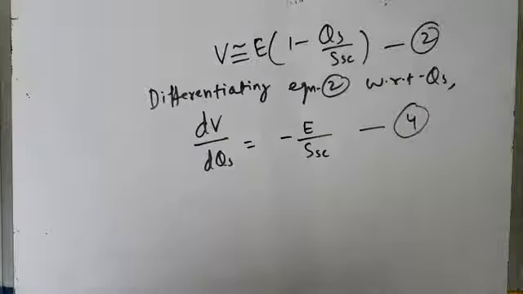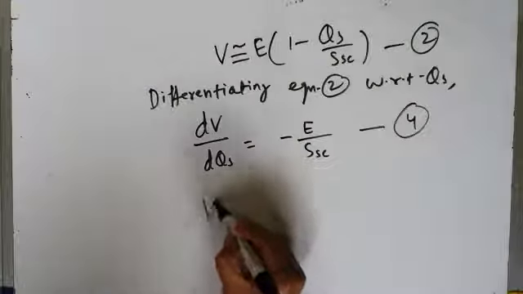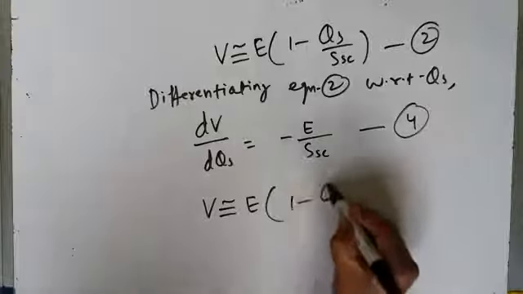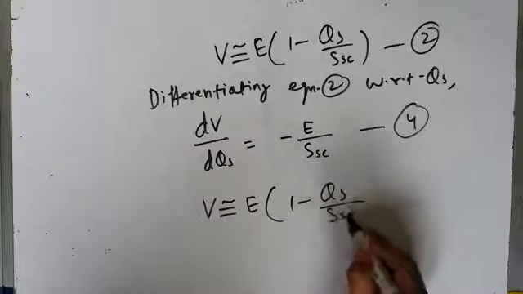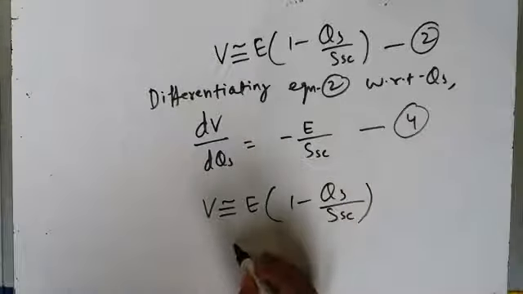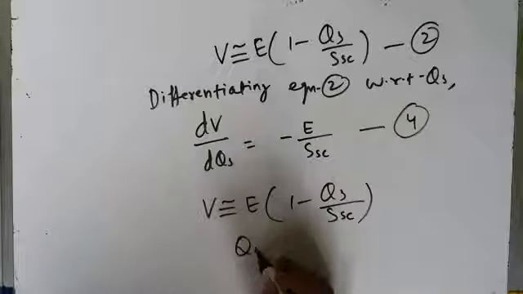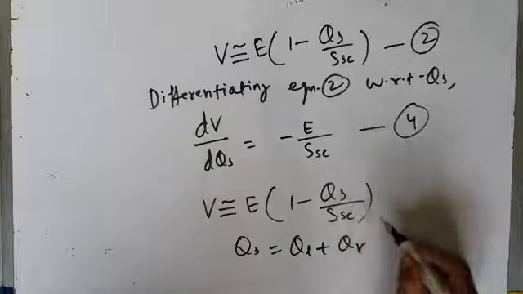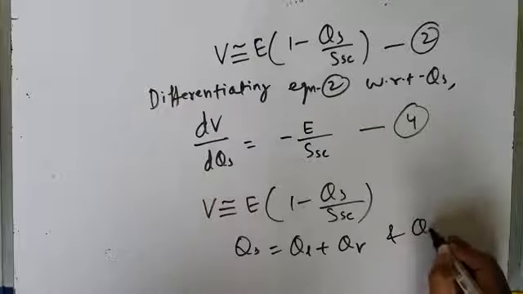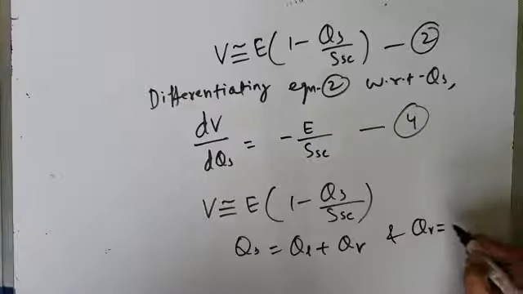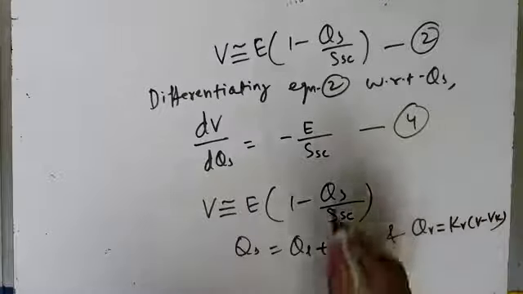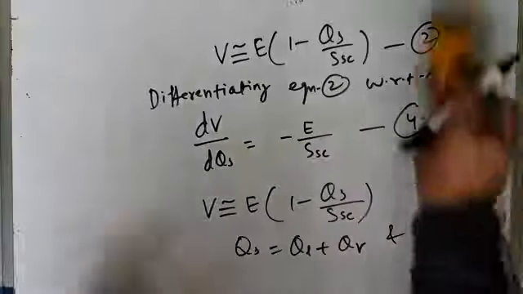Okay, so further, I will write this equation again, V equal to E times 1 minus Qs by SSC, and we know that Qs is equal to QL plus Q gamma. And what is Q gamma equal to? From equation 1, Q gamma is equal to K gamma times V minus Vk. So substituting in this equation, we'll get a new equation.